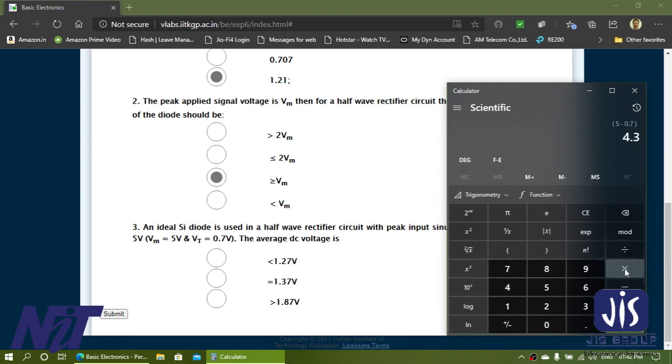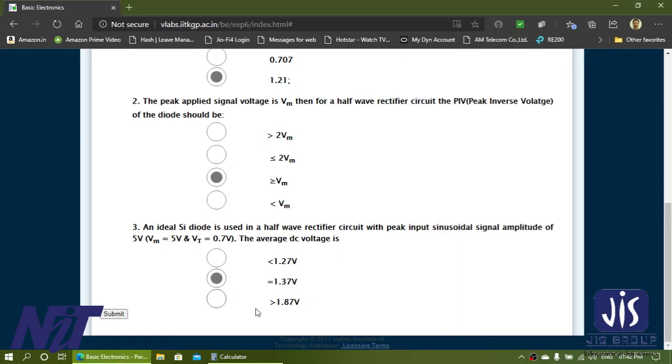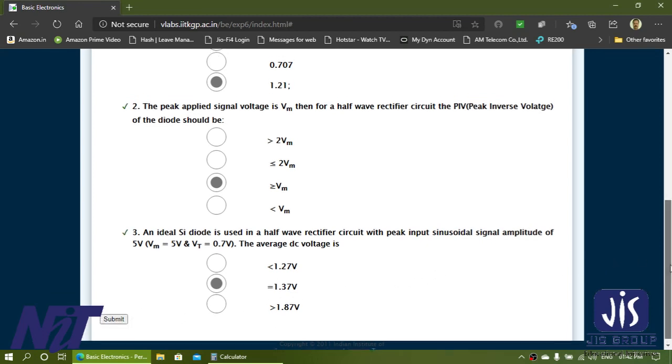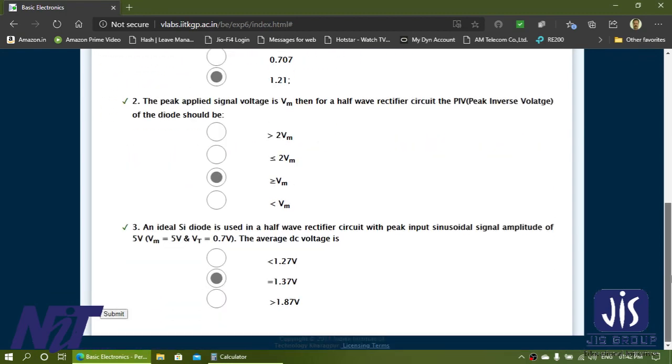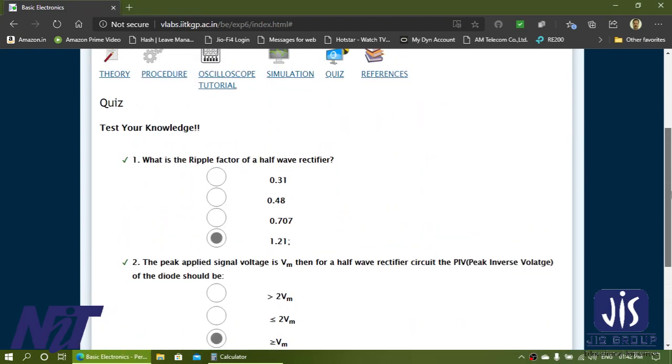Now multiply it by 1 by pi, then you will get 1.368. So you will take a round figure of 1.37 volt. So select this option and submit. Then you will find all the three questions are checked as okay by the website.